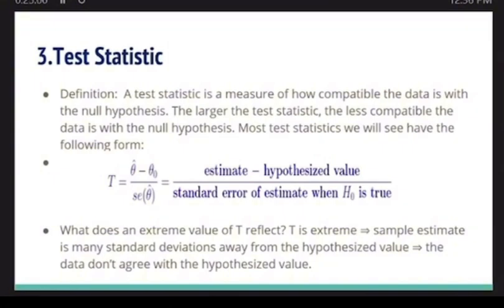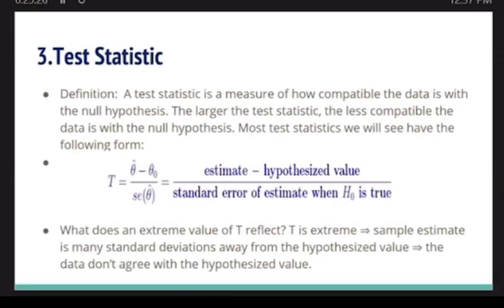Now, a test statistic is a measure of how compatible the data is with the null hypothesis. Don't forget, we are seeking evidence in the data to go against the null hypothesis. If the evidence is sufficient, we're going to go against the null hypothesis. If it is not, then we've got no choice.